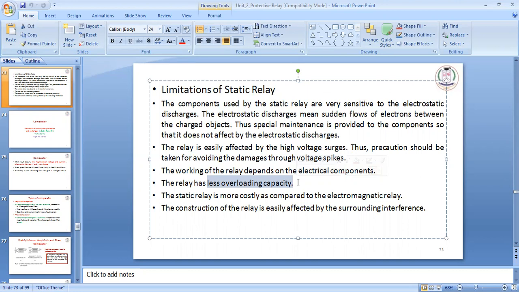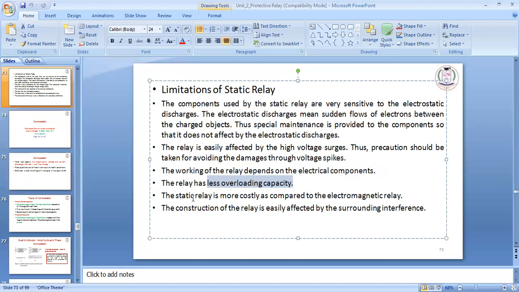You are going to protect electrical equipment like motors and heavy generators, which work with heavy current. In that case, if you are using electronic components, then when heavy current due to overloading or any fault occurs, this relay may not withstand it. That is why they mention its overload capacity is very low.